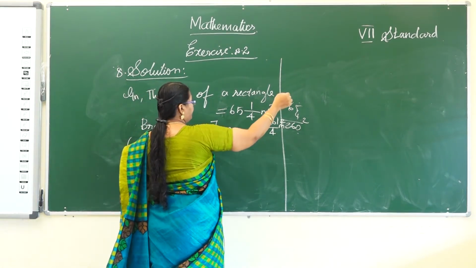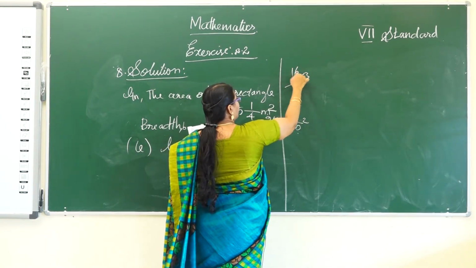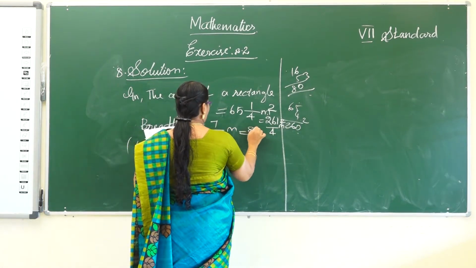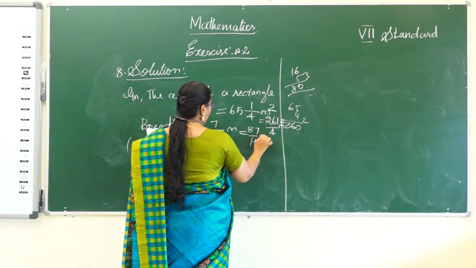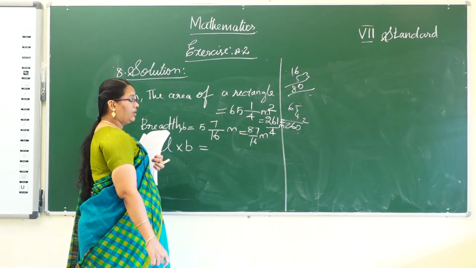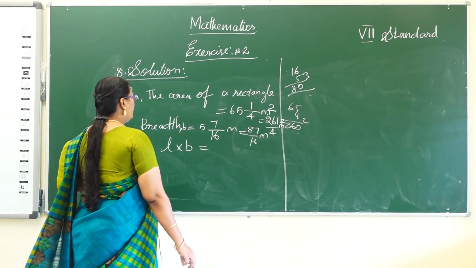16 times 5 is 80, 80 plus 7 is 87 by 16 meter. So mixed fraction 5 7 by 16 is converted to the improper fraction 87 by 16 meter.